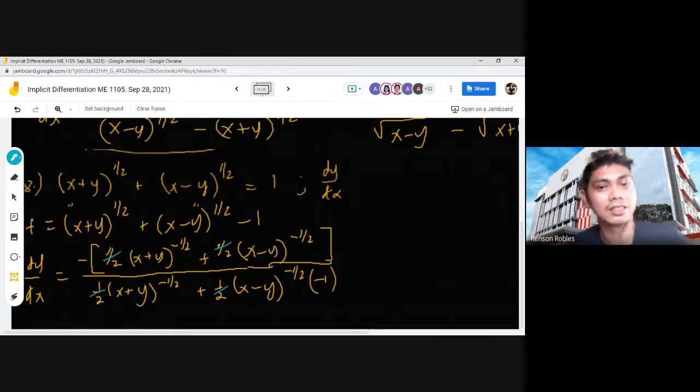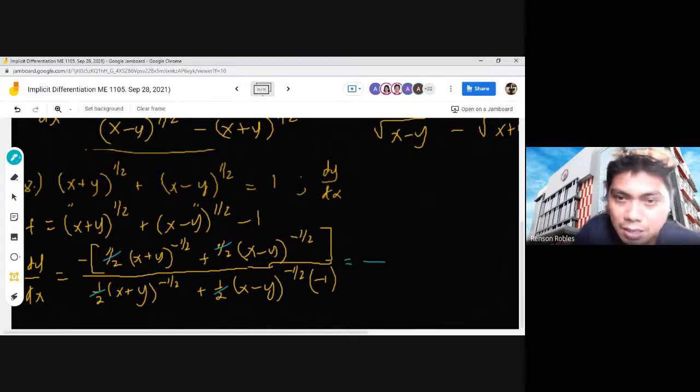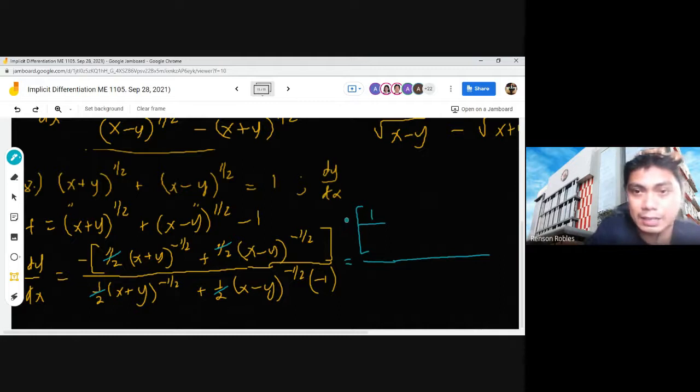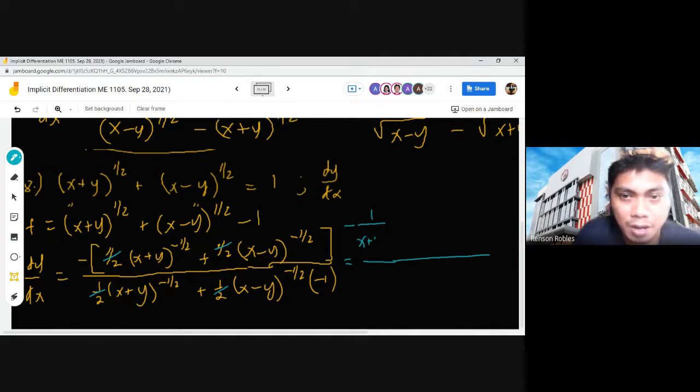And then you can now simplify this by getting the LCD, writing it as one fraction. Okay? Do not forget that this is minus. So you shall have 1 all over, I forgot that minus, sorry. Minus 1 all over x plus y raised to 1/2.